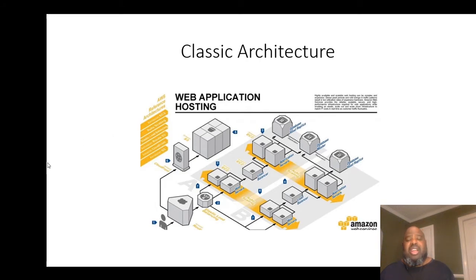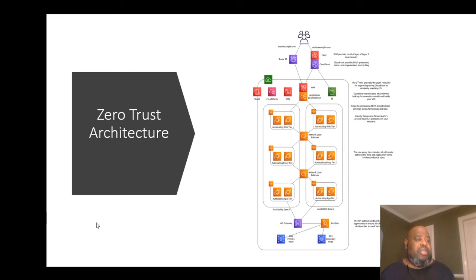So once again, this is our classic architecture diagram. Web tier, application tier, and the database tier, standard 3-tier technology, right? So Oracle WebLogic could be in the application tier. This is the standard AWS diagram.